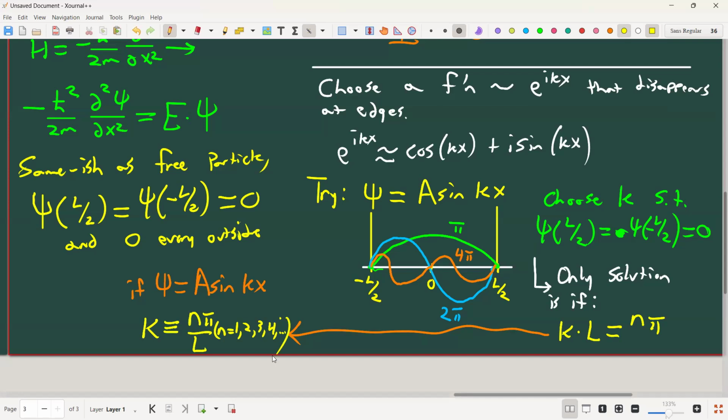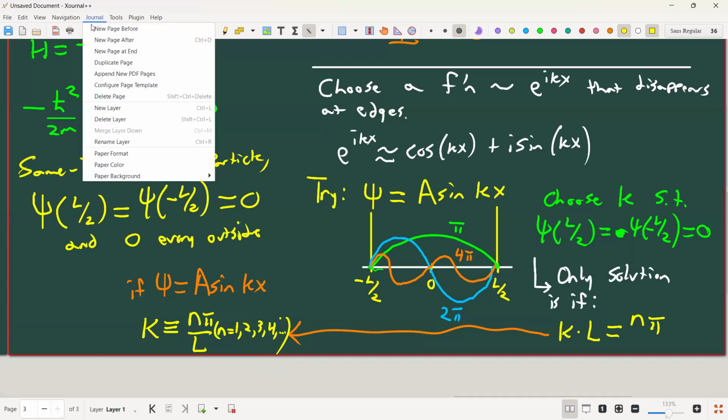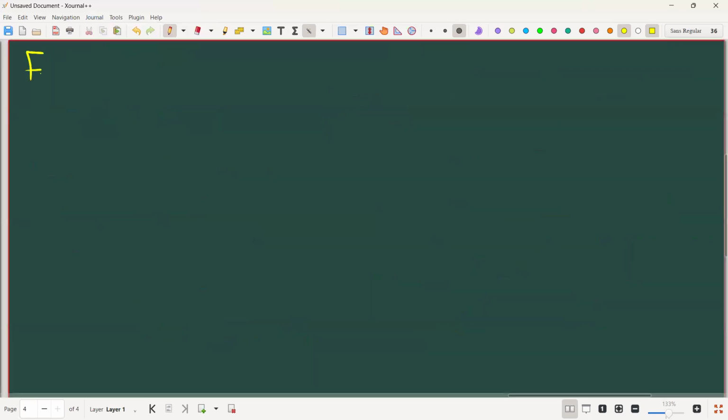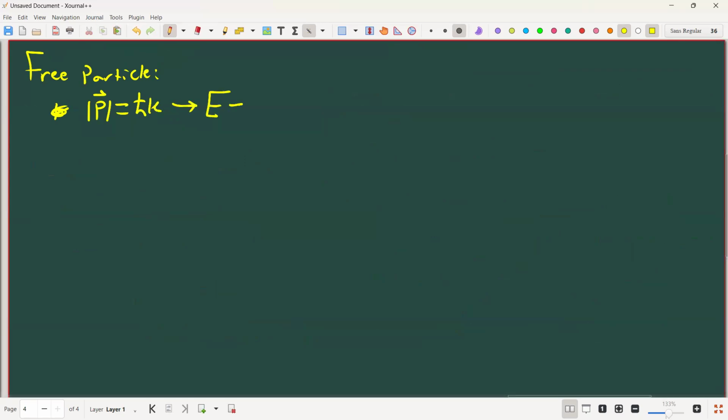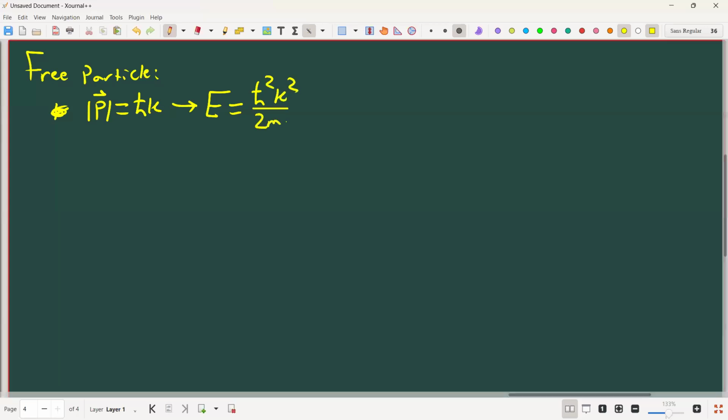We'll have to calculate what the energy of this is, of course. But remember that with the free particle, we'll show a comparison. For the free particle, we had that the momentum of the particle is h bar k, which means that the energy is h bar squared k squared over 2m.